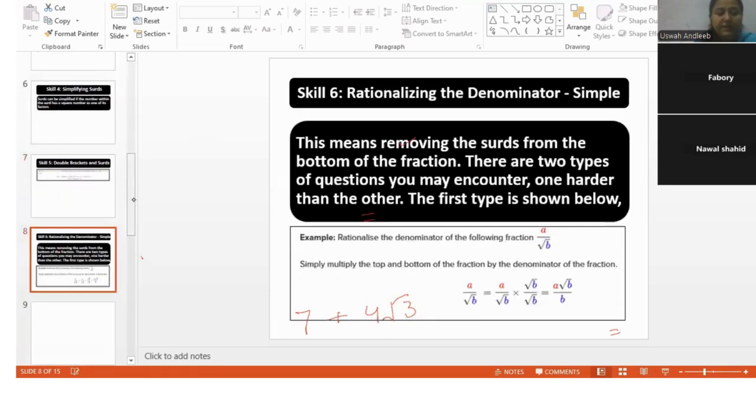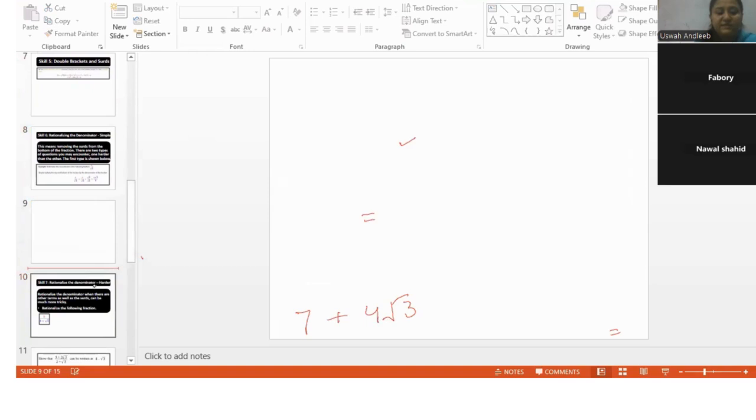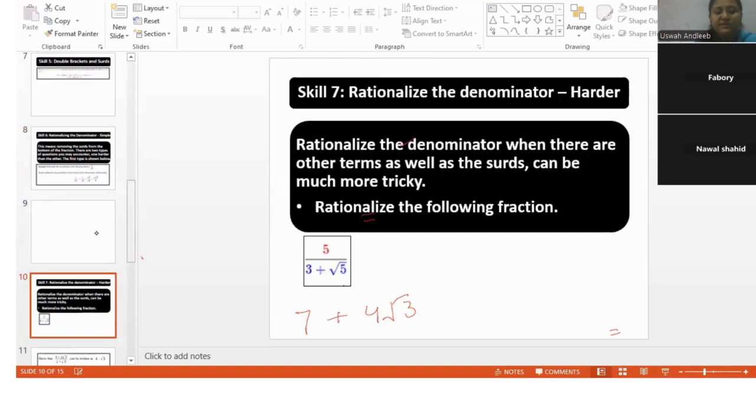All right. Now in the rationalization thing, I'm going to utilize these two concepts together. Okay, let's go towards skill 7, and in skill 7, I will make you understand skill 6 as well. Rationalizing is actually the main thing, and skill 6 and skill 7 are mainly going to be utilized in solving questions. This is important.